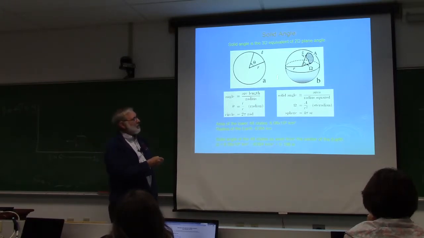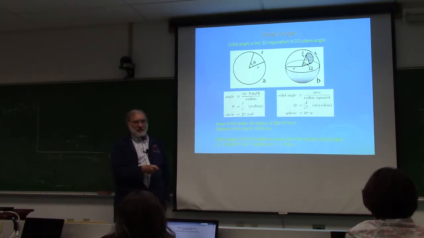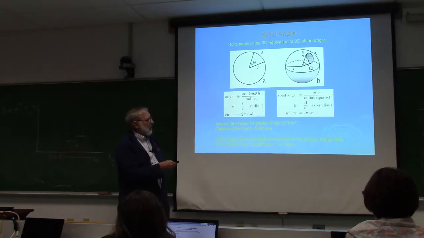Now, for the three-dimensional equivalent, if you had a sphere of some radius r and you have a little patch of surface here, then the definition of solid angle is that it's simply the area on the surface of the sphere divided by the radius squared. So area is going to be, say, square meters, and radius is in meters.